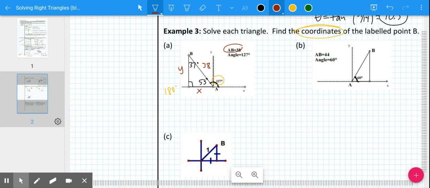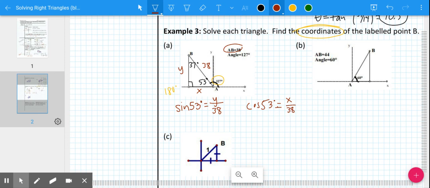So I'm thinking, I know the angle of 53 degrees. I'll maybe use sine or cosine. So sine of 53 degrees is opposite, which is my side Y, over hypotenuse, which I know to be 38. Cosine of 53 degrees is my adjacent side, which is X, over my hypotenuse, which is 38.